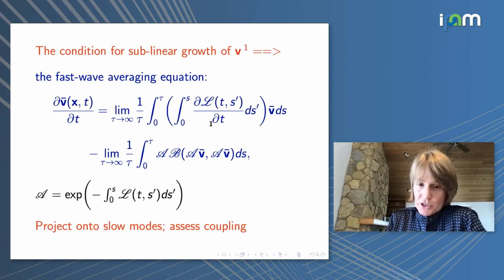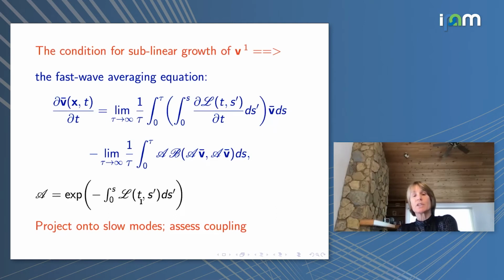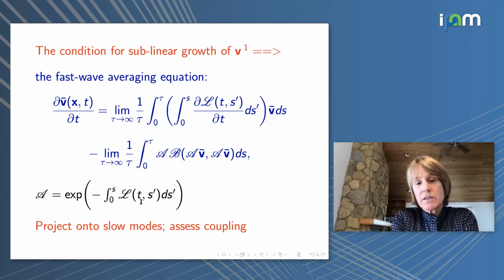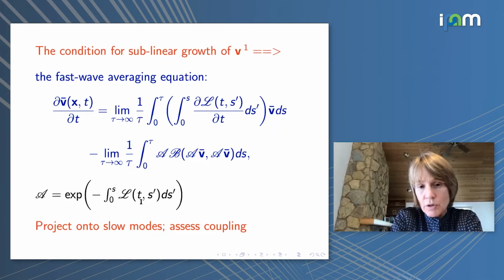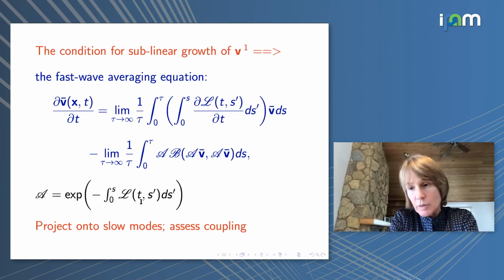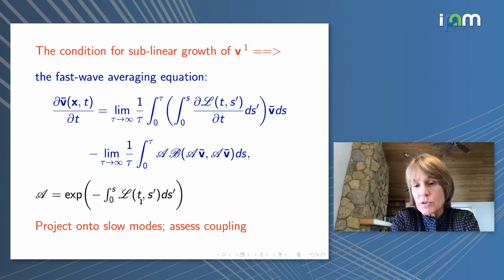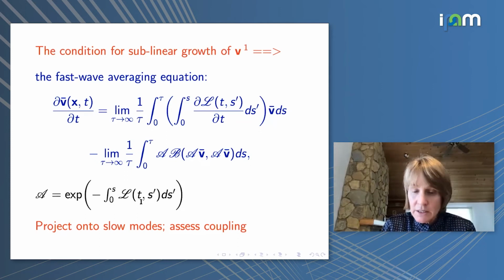That's this equation in blue, in terms of these integrals and the operators L and B and the inverse of the integrating factor, another operator A. Once we have this condition, we can project this equation onto the slow modes, and then assess coupling on the right-hand side and ask what the terms on the right-hand side are in terms of the slow modes and the fast modes. Okay, so that's the technique.